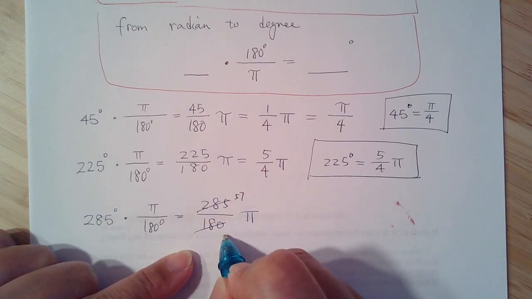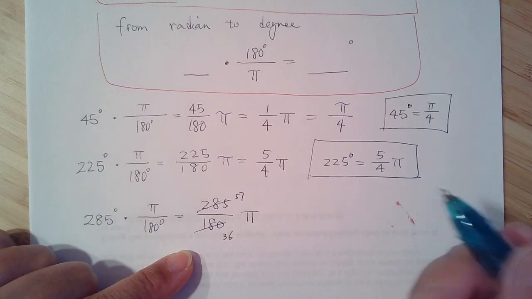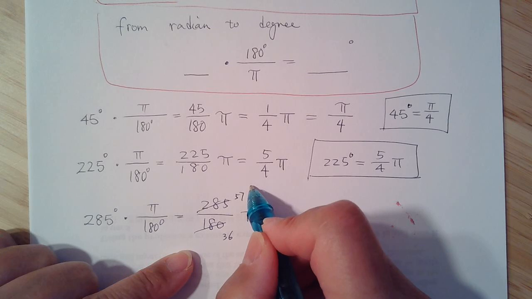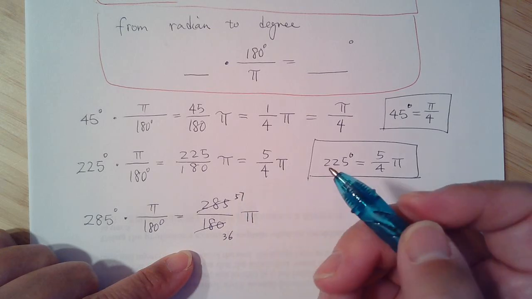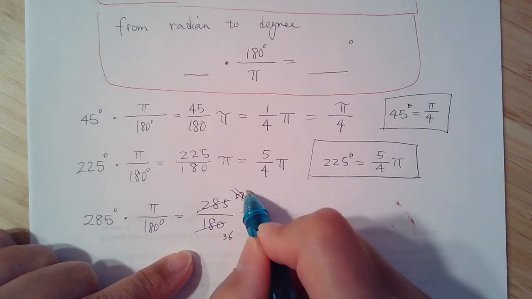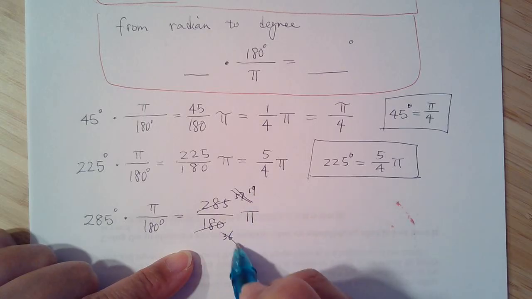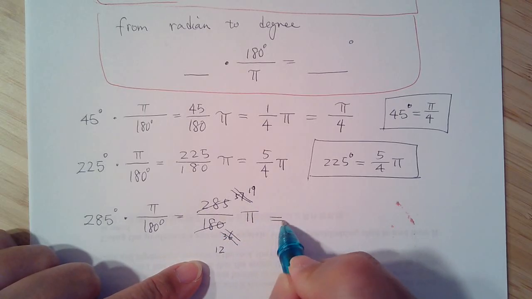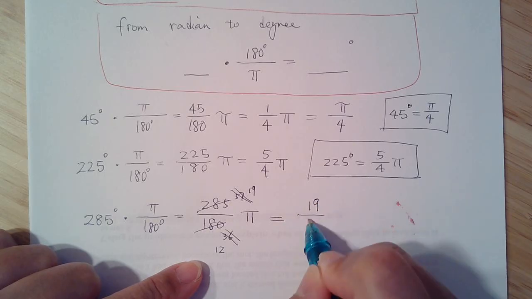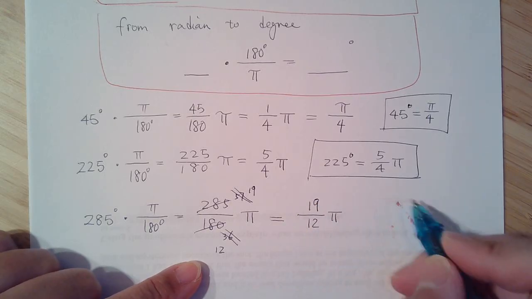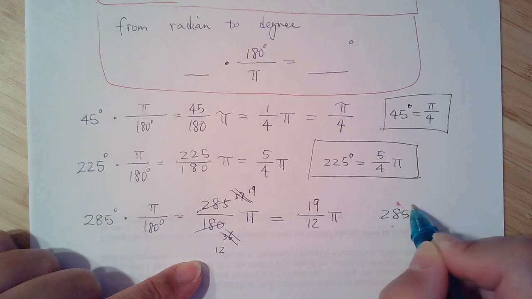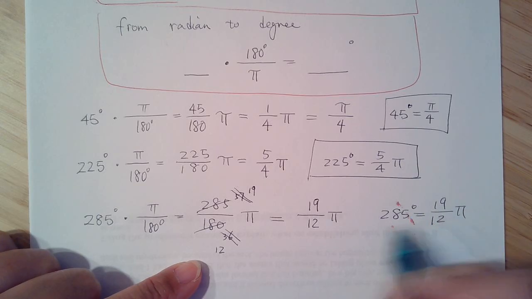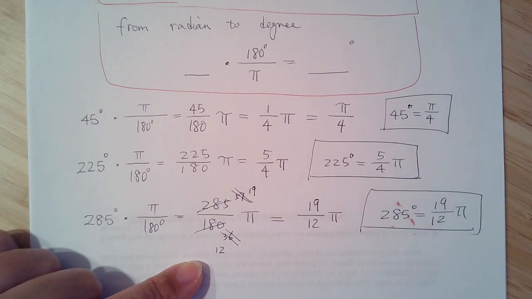And this divided by 5, you get 36. And 57 and 36 are both divisible by 3, because 5 plus 7 is 12, which is divisible by 3. So this divided by 3, you get 19. This divided by 3, you get 12. And 19 is a prime number, so you cannot do anything further. So it's going to be 19 over 12 pi. So 285 degree is the same as 19 over 12 pi. That's your answer. So you did the conversion.